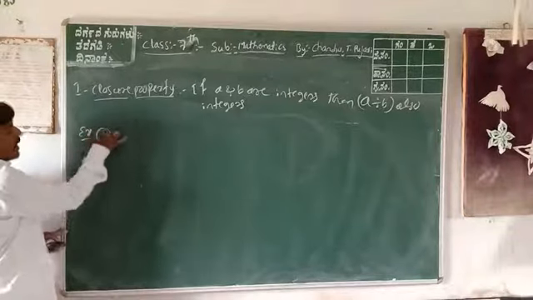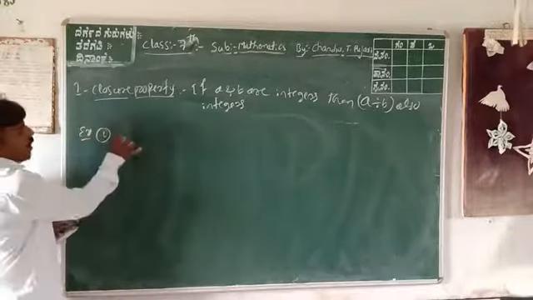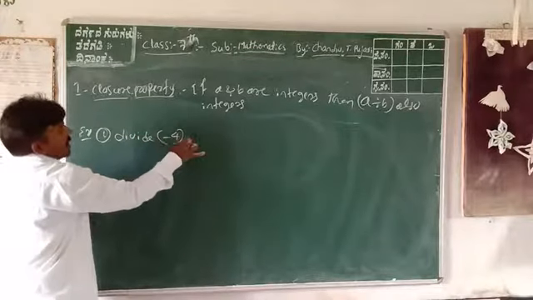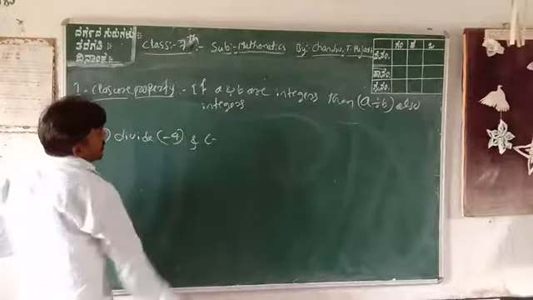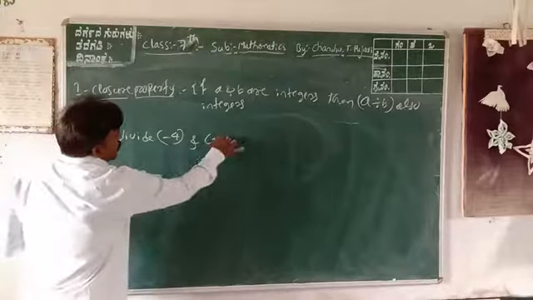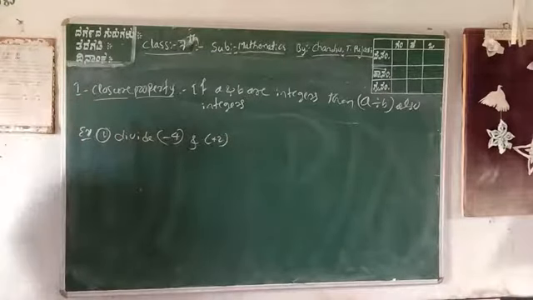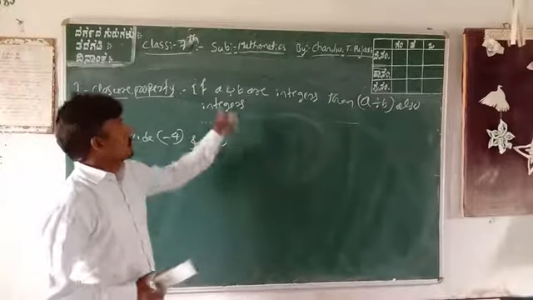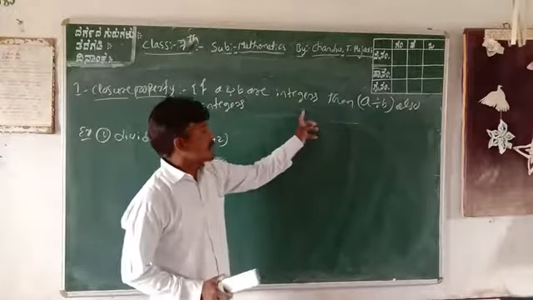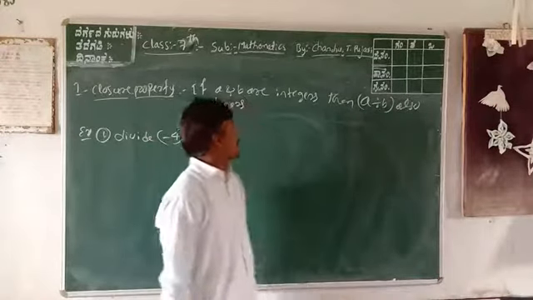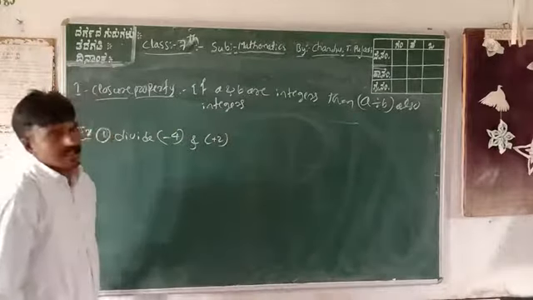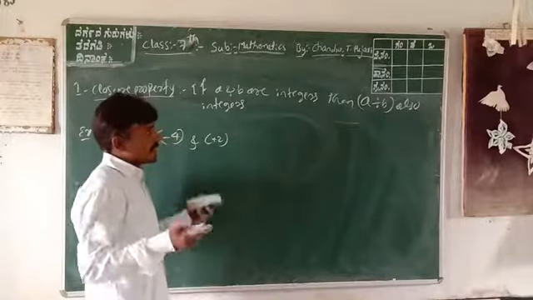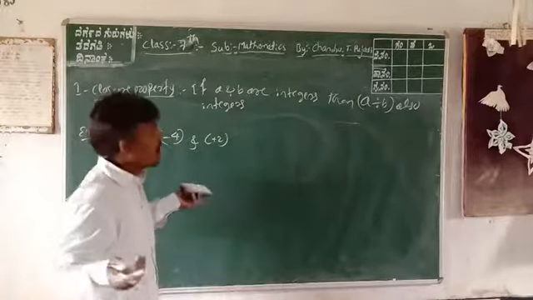Example number 1. Divide minus 4 and plus 2. Do this one. Therefore, if a and b are integers, then a divided by b is also an integer. It may or may not be. Sometimes it is an integer, sometimes it cannot be.